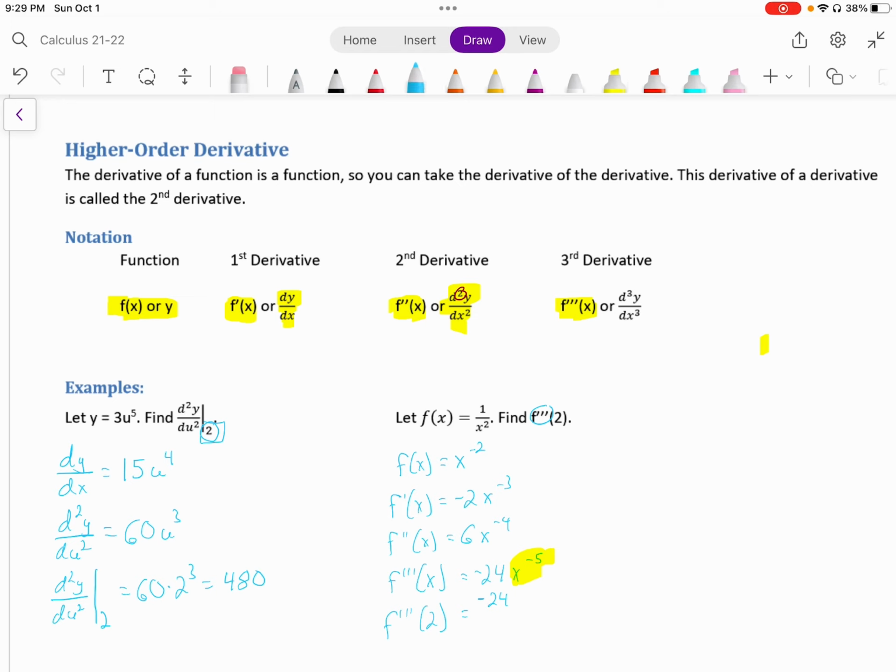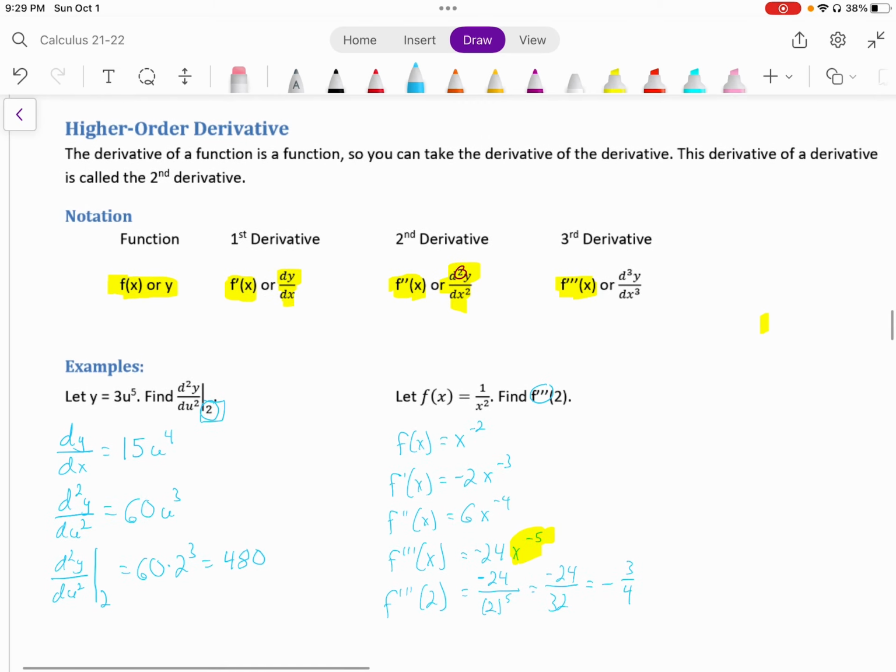So this is going to be over x to the 5th. However, we're putting a 2 in there because we're evaluating at 2. So this is negative 24 over 2 to the 5th, which is 32. And then we can reduce, 8 goes into both of those, so our answer is negative 3 over 4. So that's the third derivative evaluated at 2.